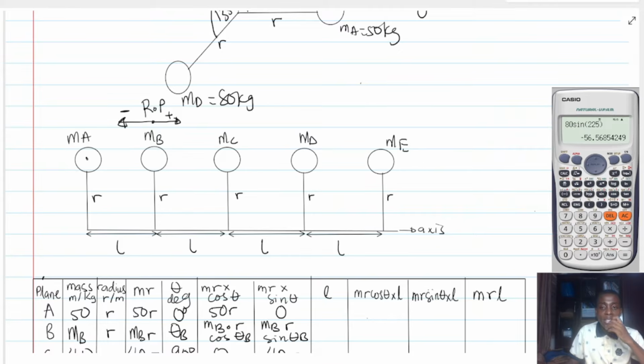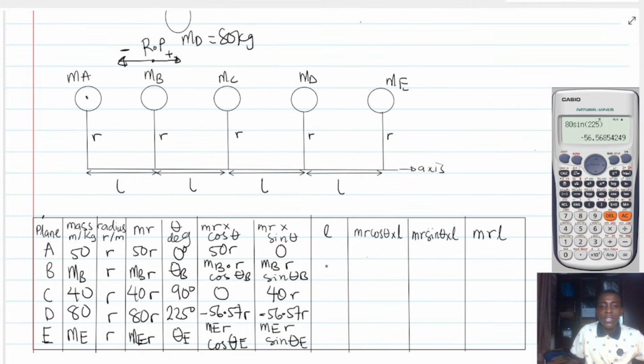Now, if that is the case, then it means that L is 0 for B, and so is every term containing L. Now, if I want A, it's going to be what? Minus L. For C, it's going to be L. And then for D, it's going to be 2L. Finally, for E, it's going to be L plus L plus L.